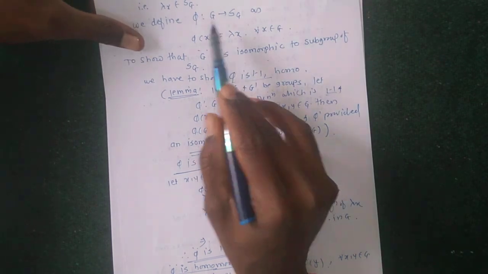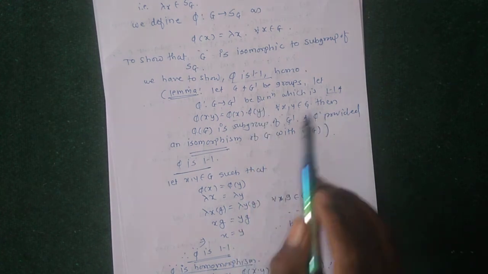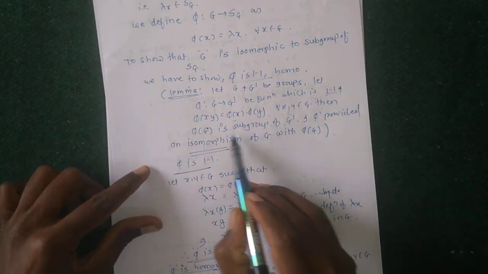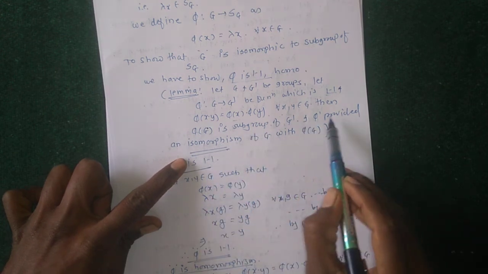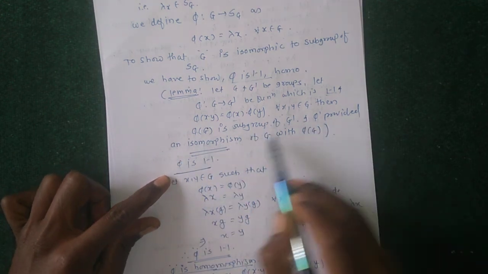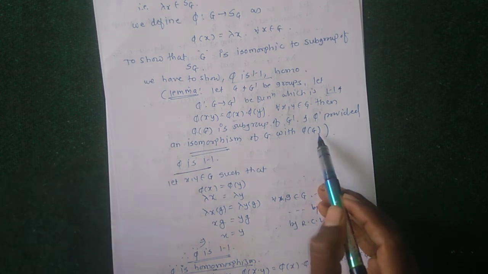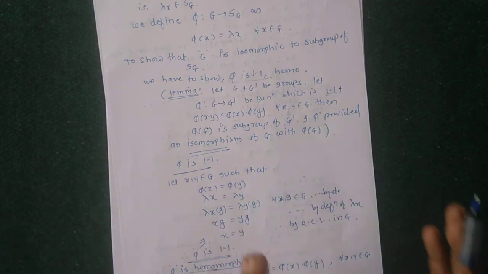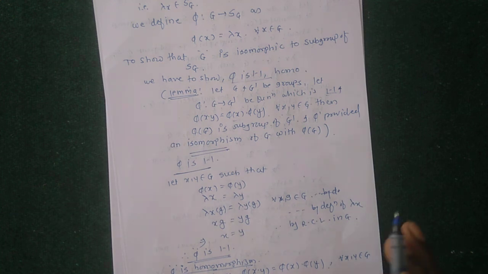Then show this map phi is 1-1 and homomorphism, and use this lemma. By using this lemma, phi of G is a subgroup of G dash, and phi provides an isomorphism of G with phi of G, and phi of G is a subset of the group of permutations. Therefore G is isomorphic to a group of permutations.